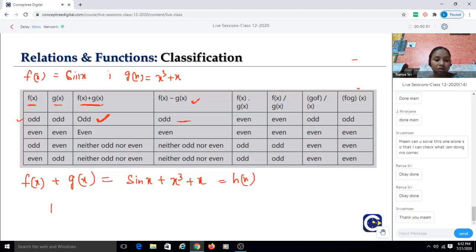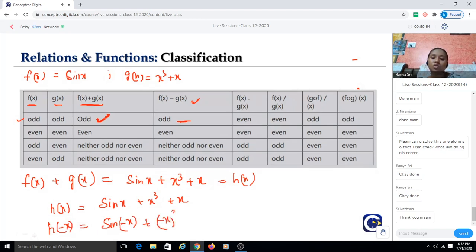So here we have a function h of x which is equal to sin x plus x cube plus x. Now we have to check whether our function h of x is an even function or an odd function. So I'm substituting minus x in place of x. So it will be sin of minus x plus minus x whole cube plus minus x.